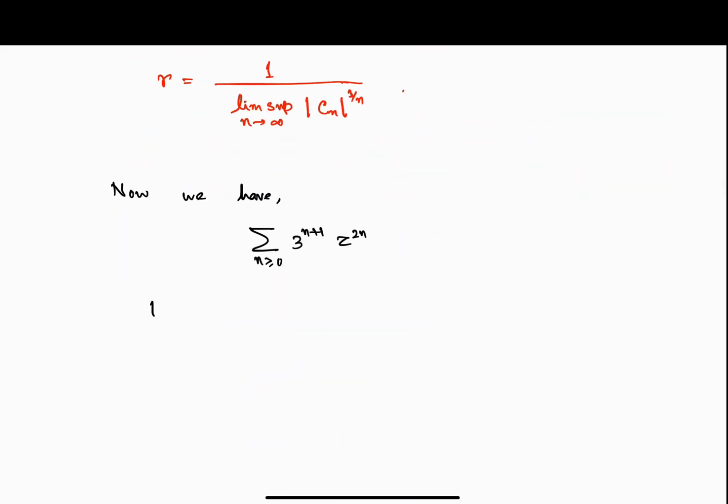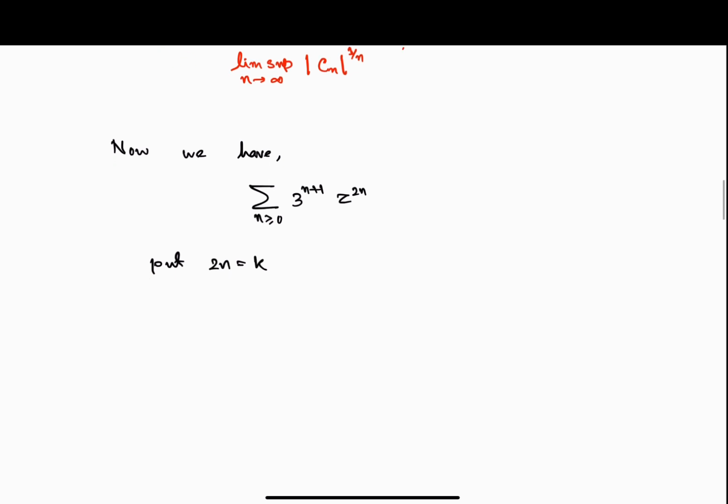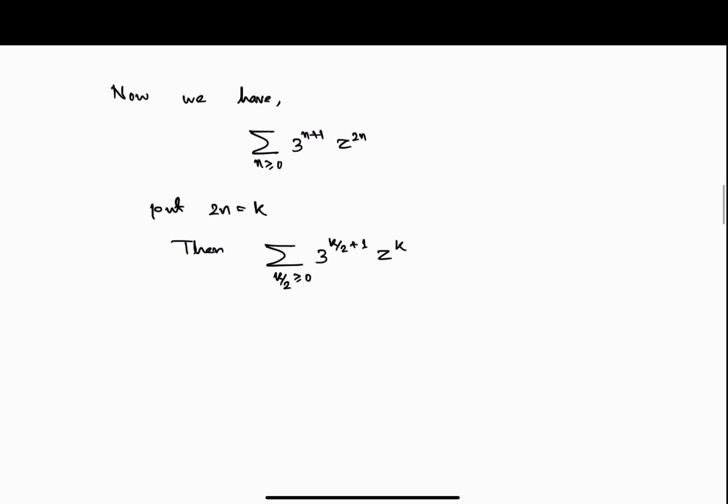So how will you reduce it? Put 2n equals k. Then n equals k by 2, and the series becomes the sum over k of 3 to the power k by 2 plus 1, z to the power k.